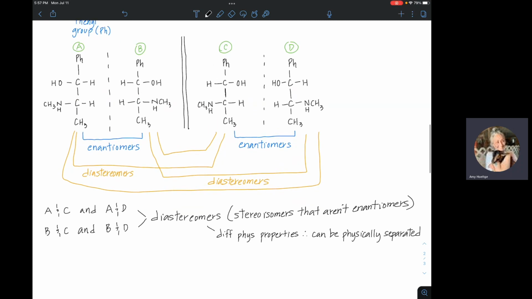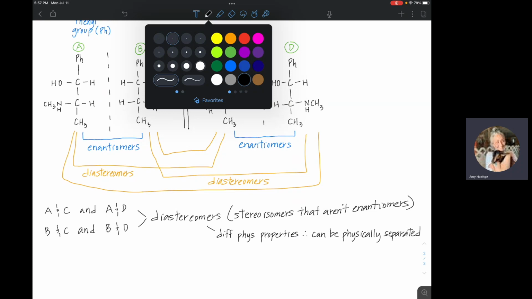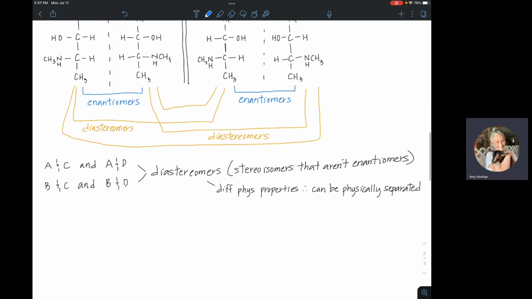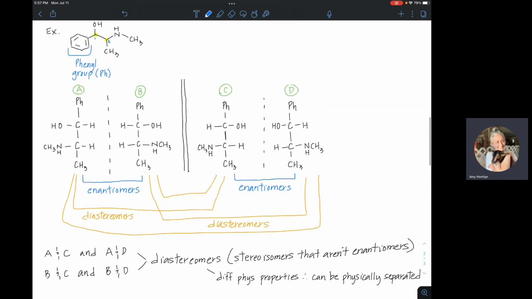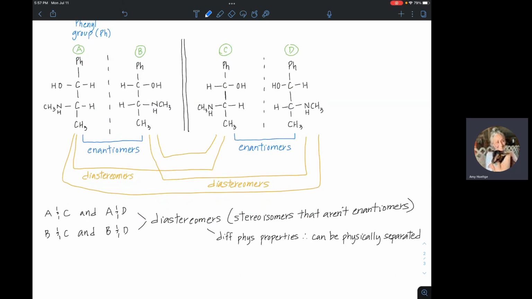So if you're curious about these molecules, what we have here, A and B, I'll write it over here because it's not really part of the lecture, but if you're curious, what is this molecule in the first place? So A and B, see, this is ephedrine, and C and D, pseudoephedrine.